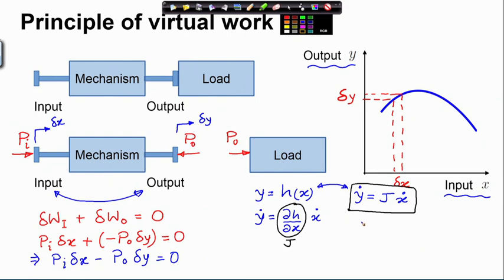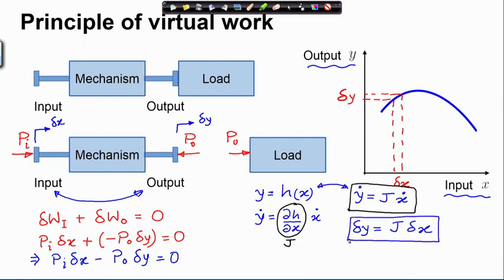From there I can directly find out the virtual input and virtual output relation. So, if I consider the time is being frozen, then I can write delta y as J times delta x. So, I am imagining the time is being frozen, so that any input displacement delta x is related to the output displacement delta y through the Jacobian.